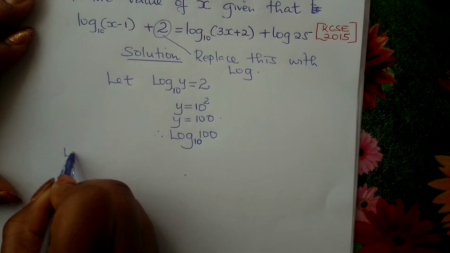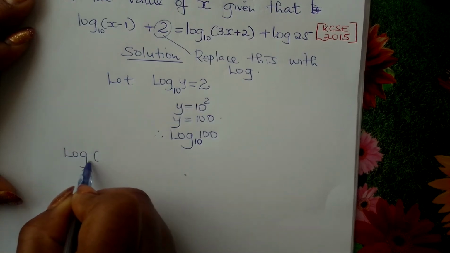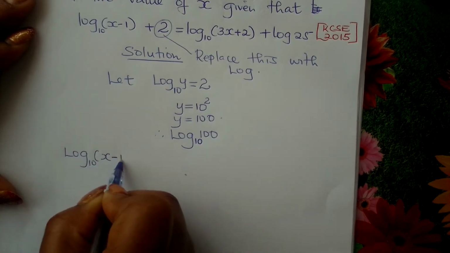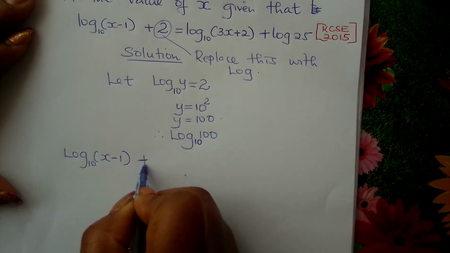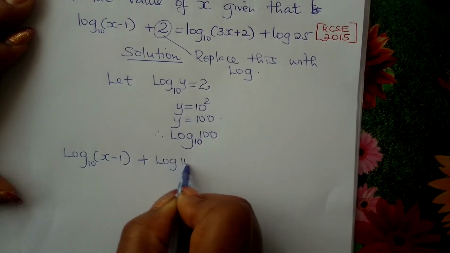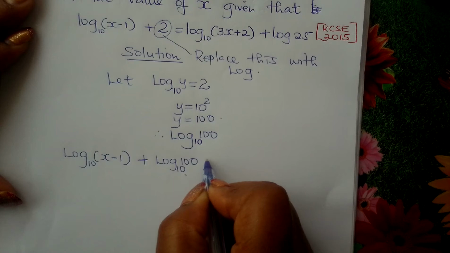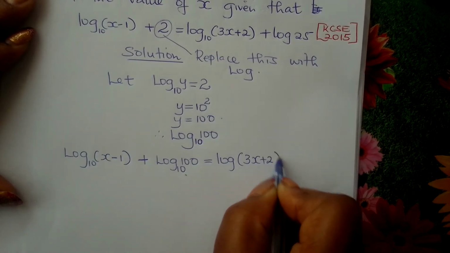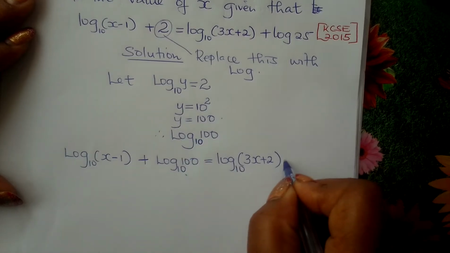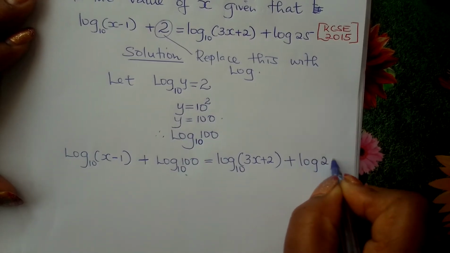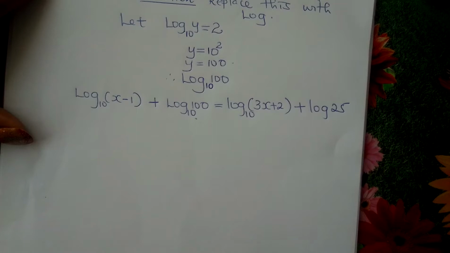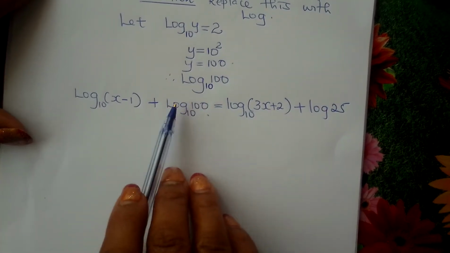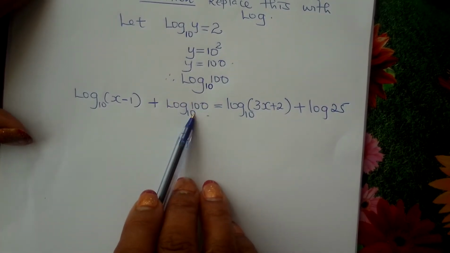And therefore we write our equation now, log to base 10 of x minus 1 plus log 100 to base 10 is equals to log 3x plus 2 to base 10, plus log 25. Look at that, learner. We have replaced our 2 with a log 100 to base 10.